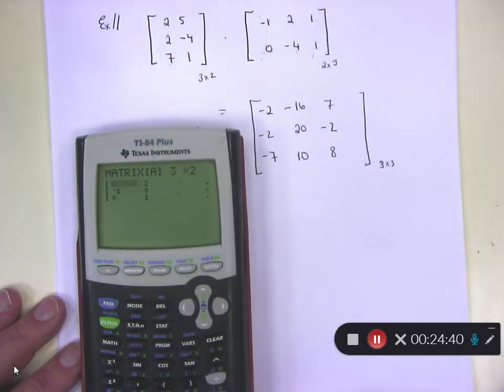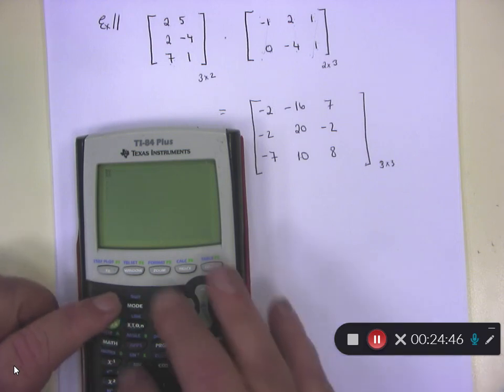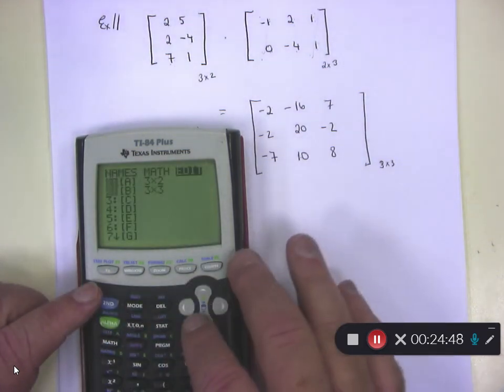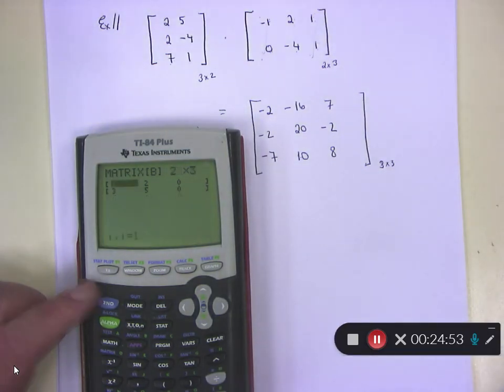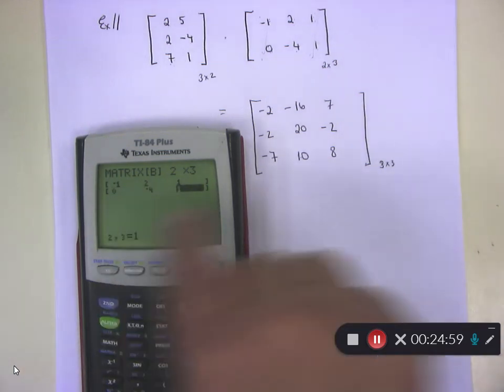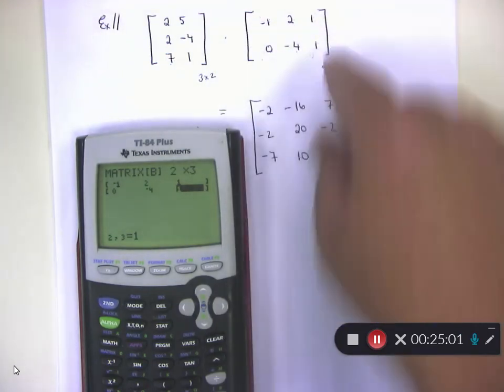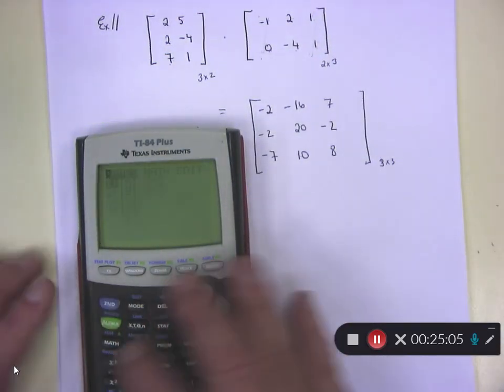All right, so this matrix was 3 by 2. Call this matrix A: 2, 5, 2, negative 4, 7, 1. Second matrix, edit B. This matrix is 2 by 3: negative 1, 2, 1, 0, negative 4, 1. When you hit enter, you read this row-wise, just to let you know. Then second quit, and I always check my matrices.